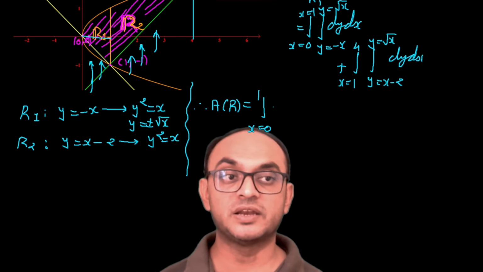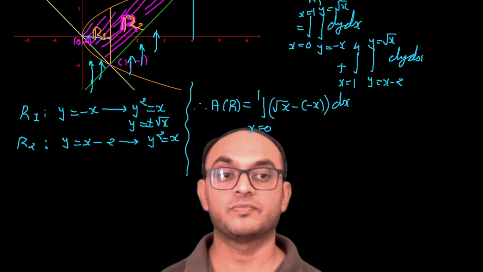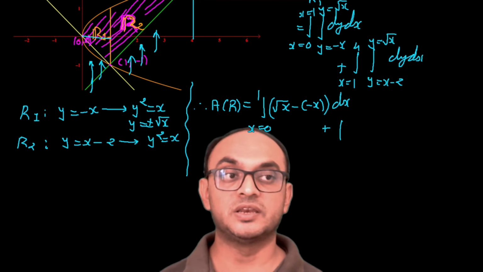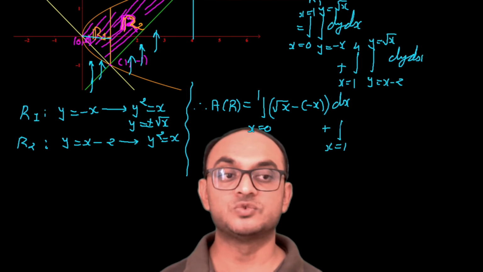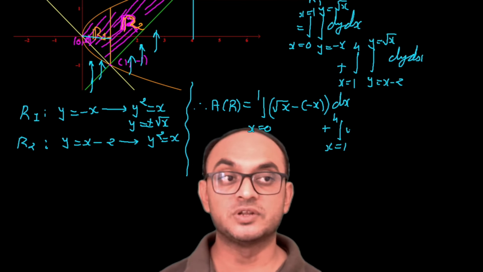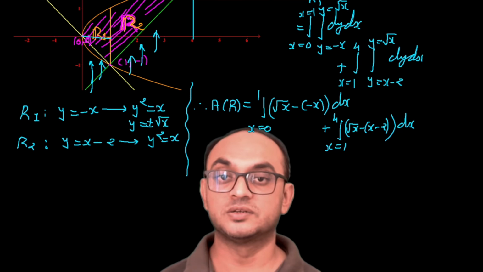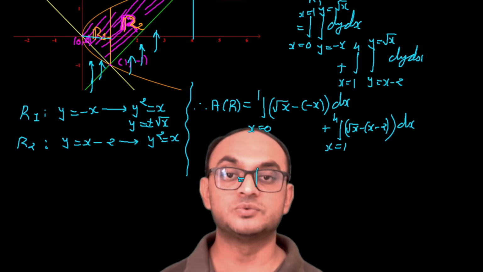So I can write directly, this is square root x minus the lower limit, minus x, dx, plus integration from x equal to 1 to 4. Again the integration is y. I am substituting the limits, so this is root x minus x minus 2, dx, right? So this is equal to integration from x equal to 0 to 1.